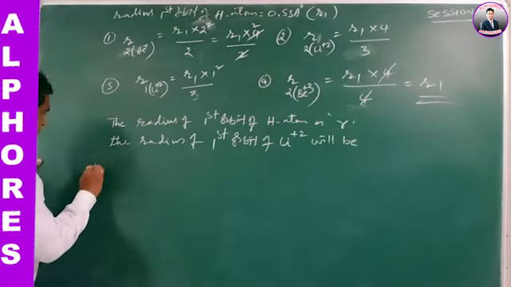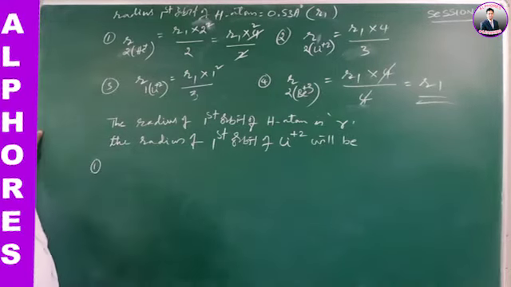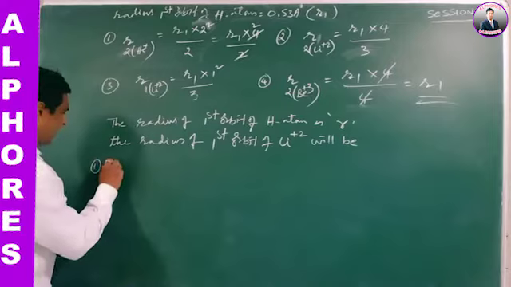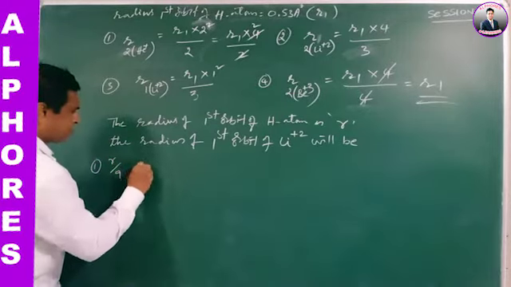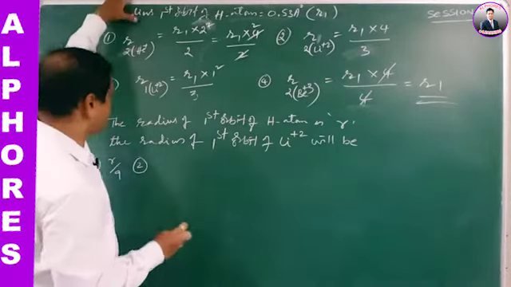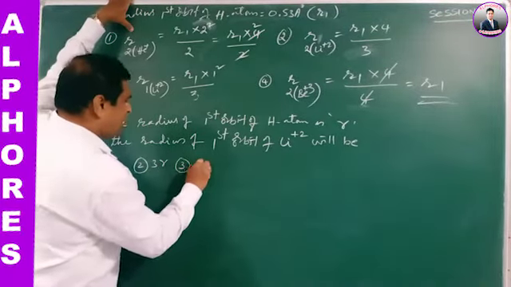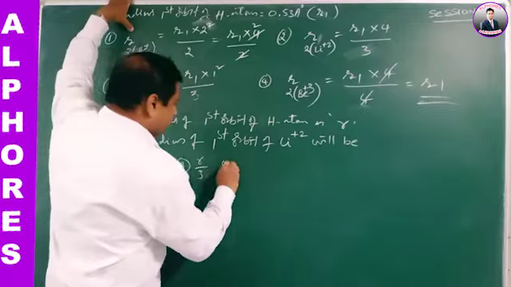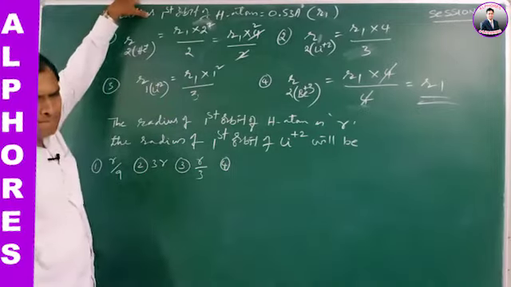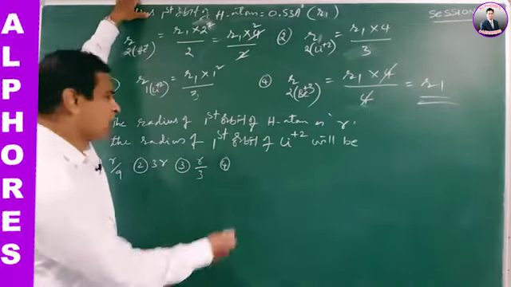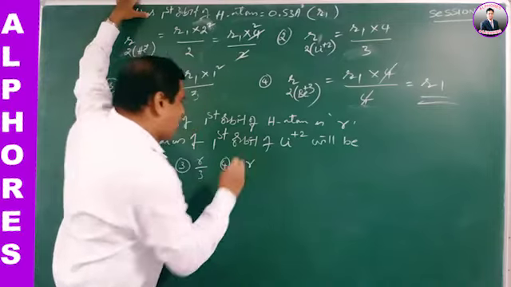The first option is r by 9, second option is 3r, third option let us make r by 3, and fourth option is 9r.